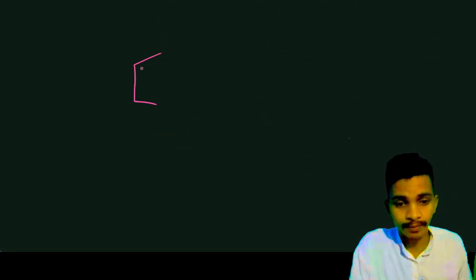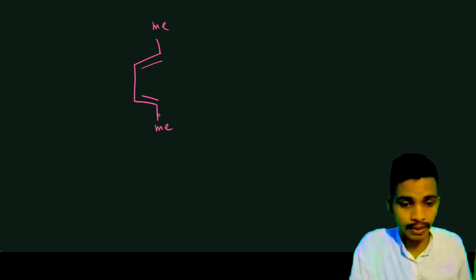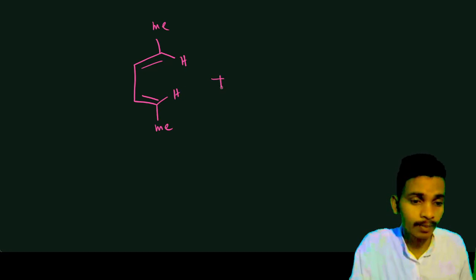Let's say we have an example like this. We have a methyl here and a methyl here, and hydrogens here and here. Now we have the dienophile, which is like this.